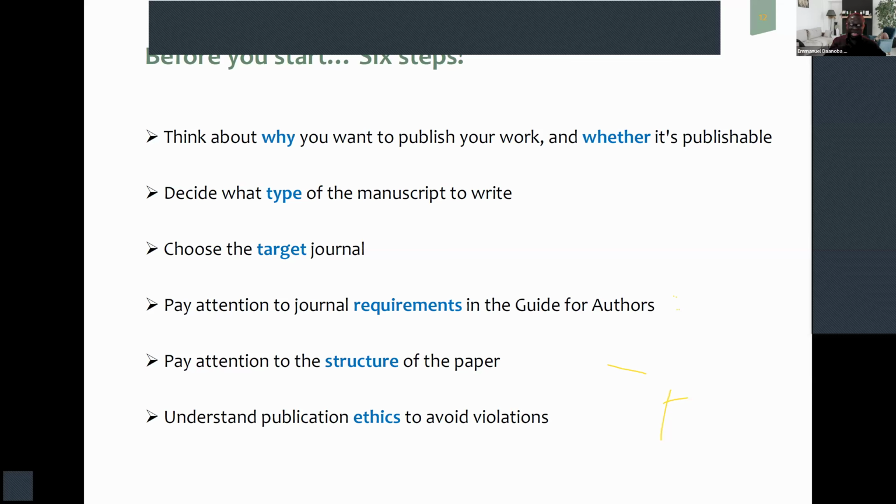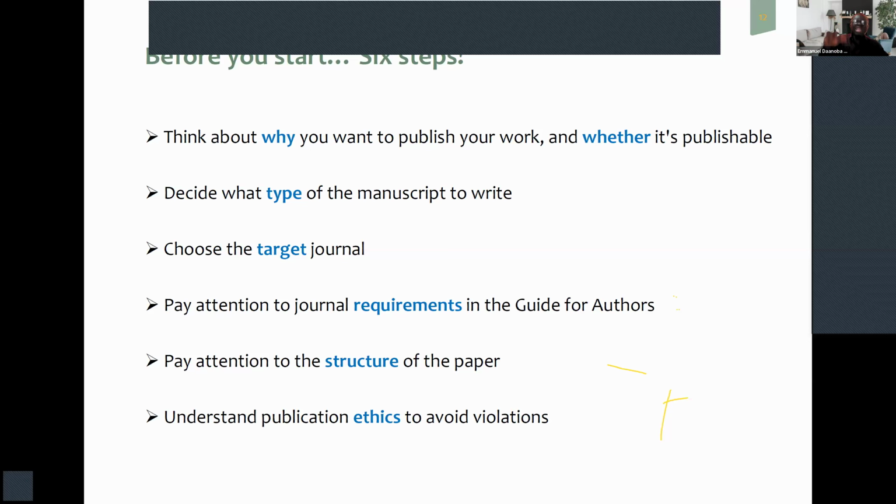There are some works, if you send to me, I'll just look at it and I know this work is not publishable. Anywhere you send it, it won't be accepted except a predatory or a cloned journal. So you must assess your own work. If you don't know, send to experts in that area to guide you, whether the data you have, the kind of work you have, is publishable.